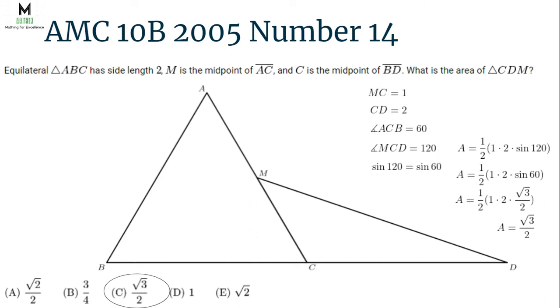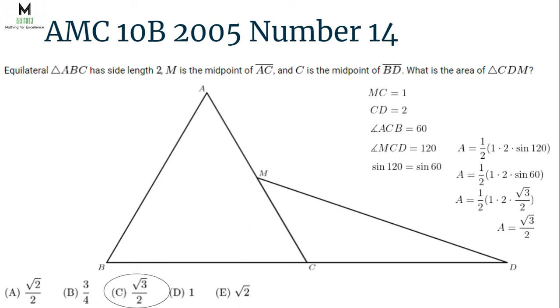If you have a calculator, you can do this with any triangle, as long as you know the side lengths and the angle sandwiched in between them. But even if you don't have a calculator, there's still some sine values we already know from experience, such as the sines of the angles inside of a 30, 60, 90 triangle, and of a 45, 45, 90 triangle. So that just makes finding areas of such triangles much, much easier.